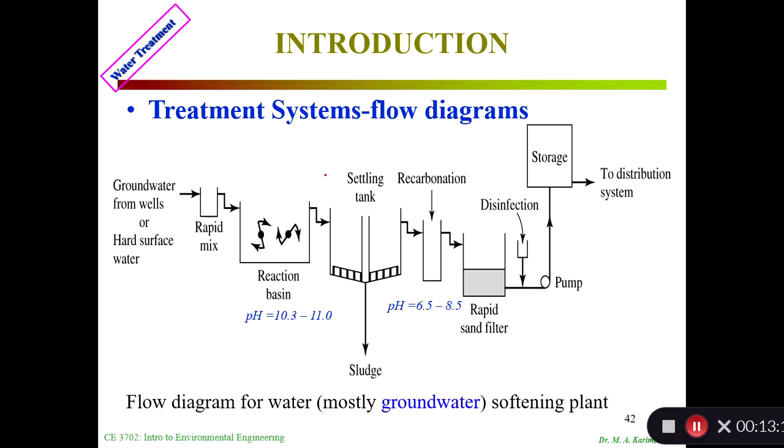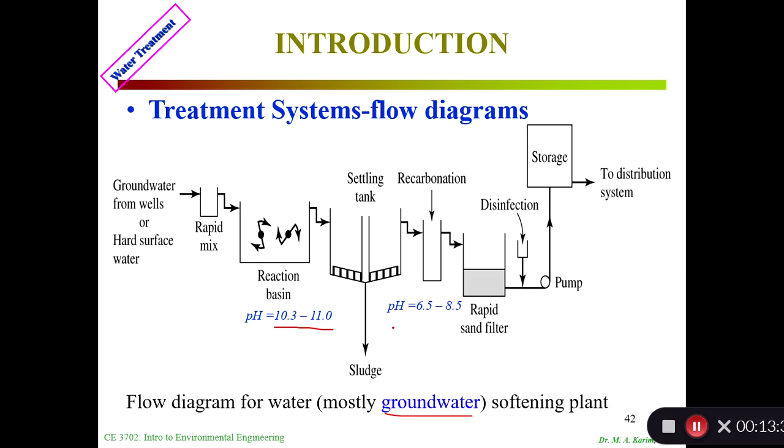Here is the one for groundwater. Rapid mixing, then the reaction basin, where we need to have the pH up to 10.3 to 11 to have precipitation in there. Then the settling tank, where sludge comes out. Then recarbonation.